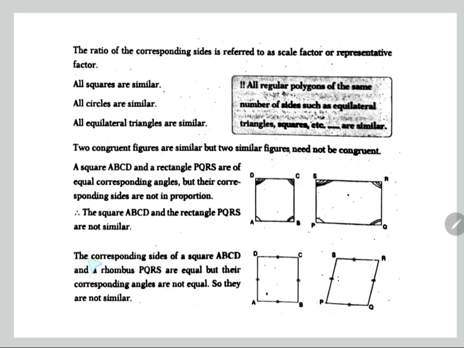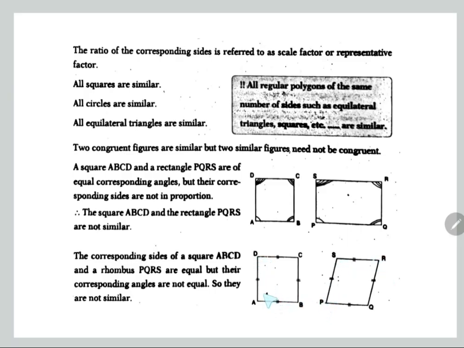And look at this. The corresponding sides of a square ABCD and a rhombus PQRS are equal, but their corresponding angles are not equal, so they are not similar. Now look here. ABCD is a square and PQRS is a rhombus.